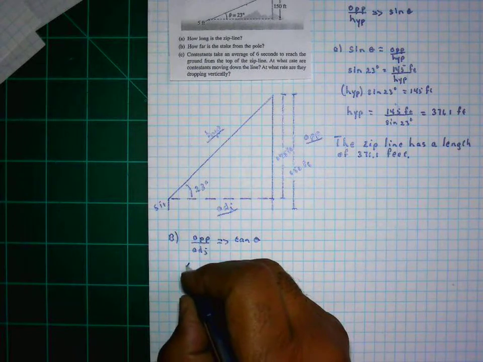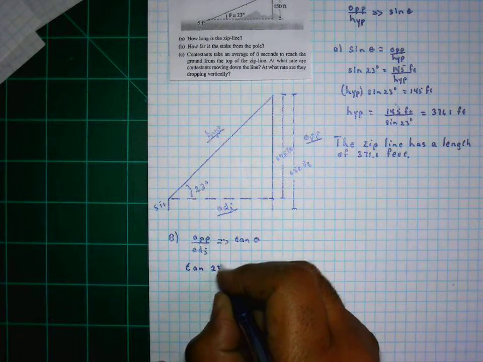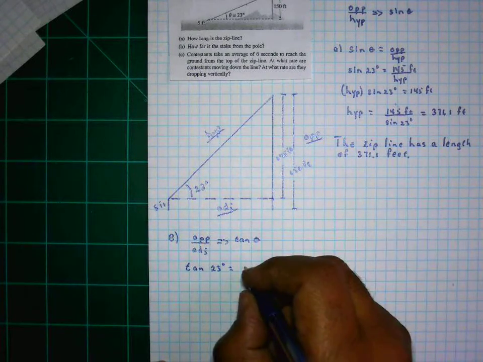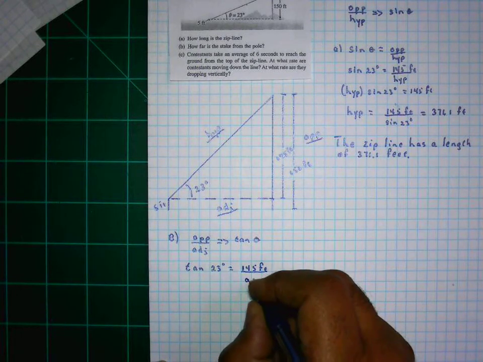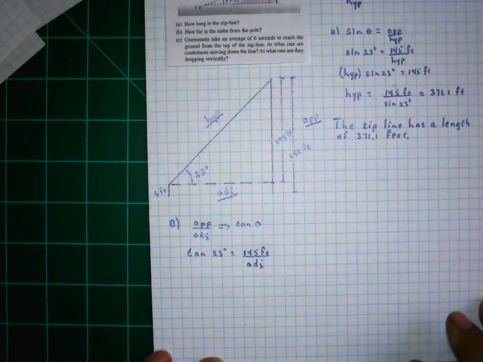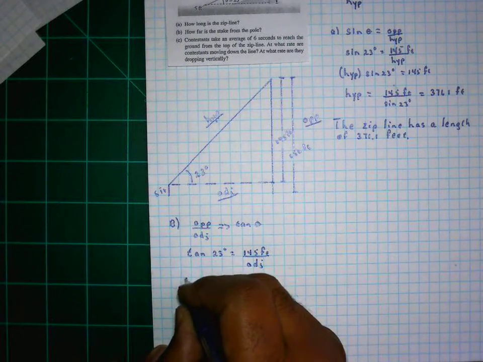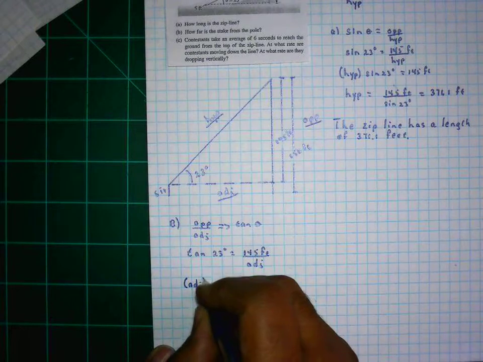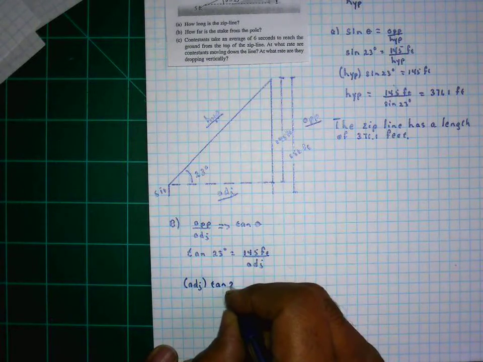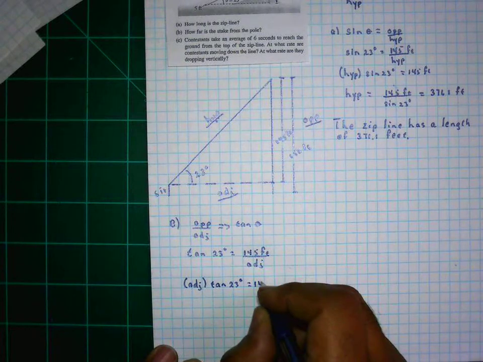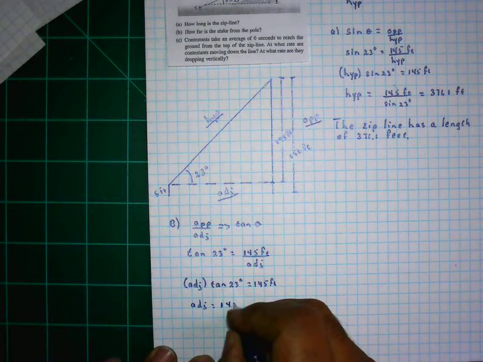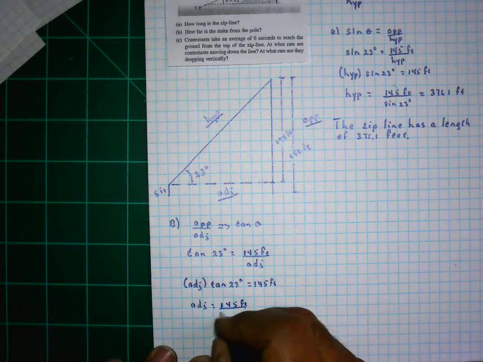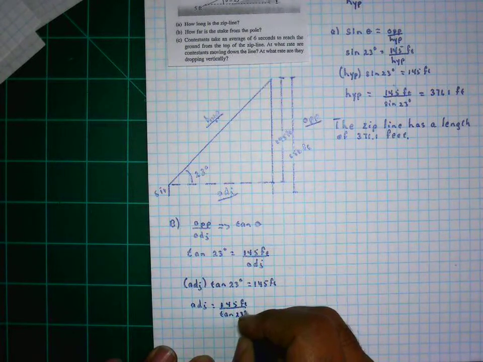So that gives me the tangent of 23 degrees is equal to the opposite side, which is 145 feet, divided by the adjacent side. Now I need the adjacent side, so I'm going to multiply both sides by adjacent. Divide by tangent, and I see that the adjacent side is just 145 feet divided by the tangent of 23 degrees.